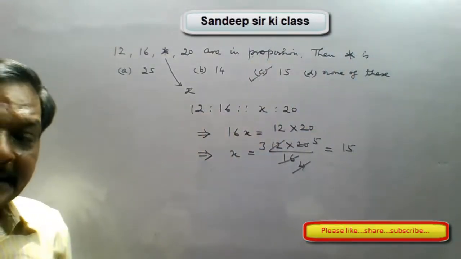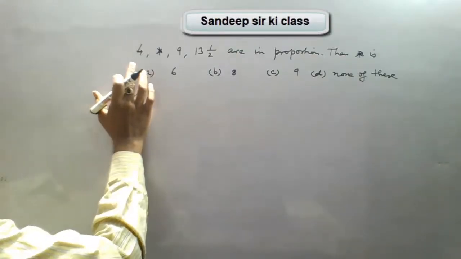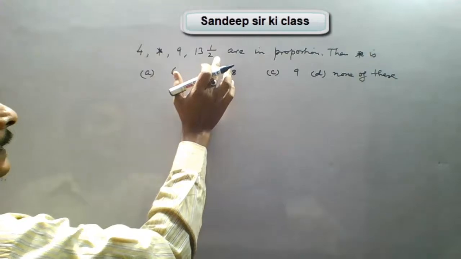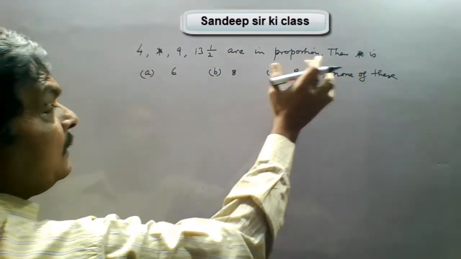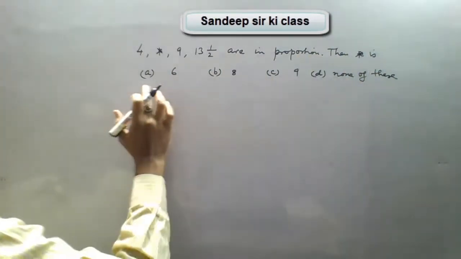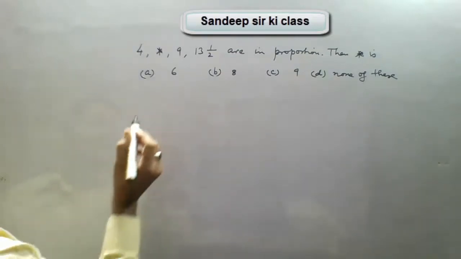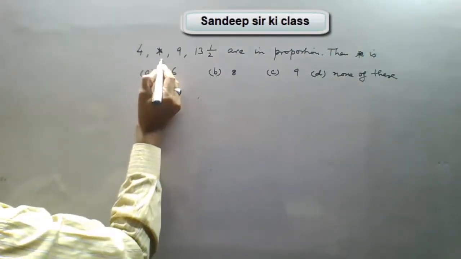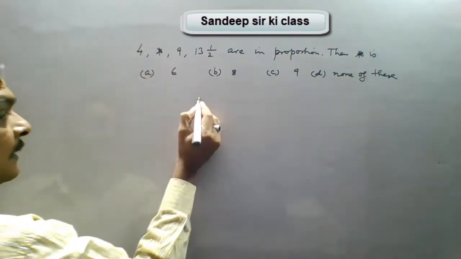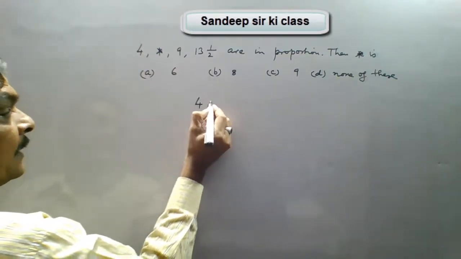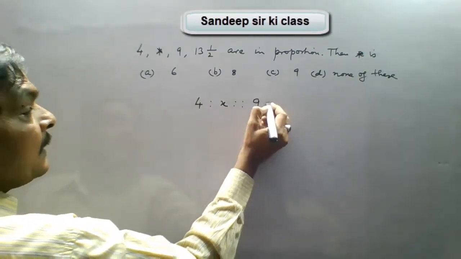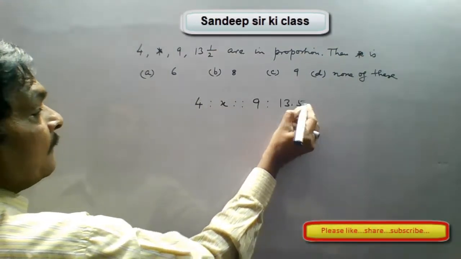Now we will see the next problem. Next is 4, star, 9, 13 and a half are in proportion. Then the value of star is, and these are the options given to us. Now as per question, let us say that the value of star is x. Then 4 is to x in proportion with 9 is to 13.5.